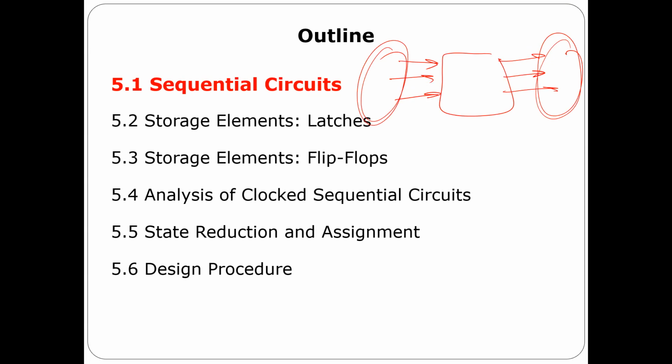That's a combinational circuit. In sequential circuits, as you will understand better in chapter 5 and chapter 6, we have what we call a state. So now the system is in a certain state, okay? And the output here depends on the inputs plus the current state. You got what I'm saying?